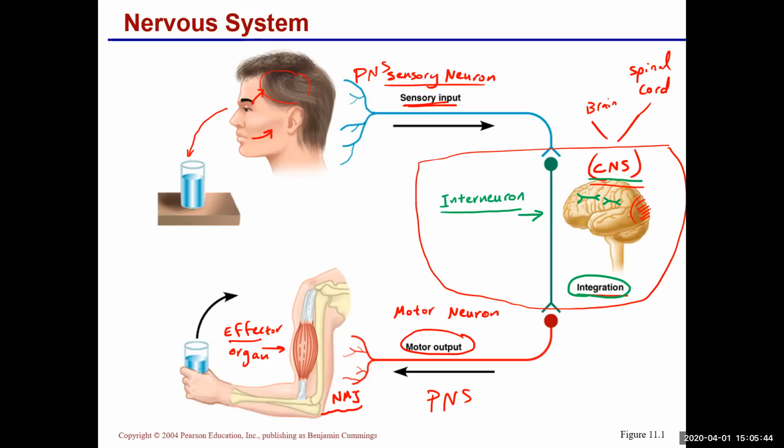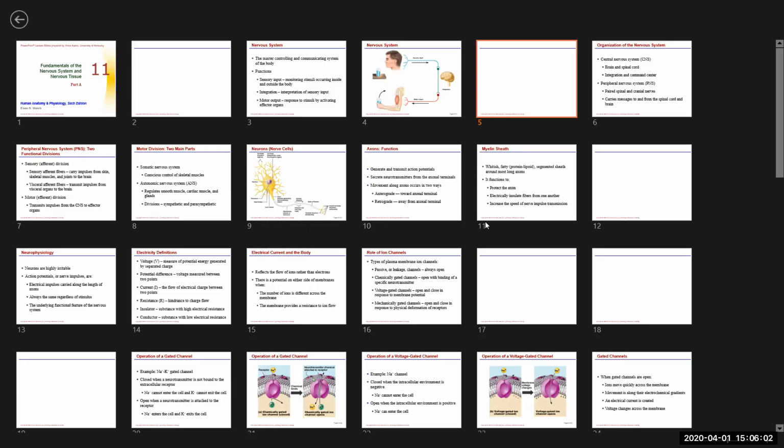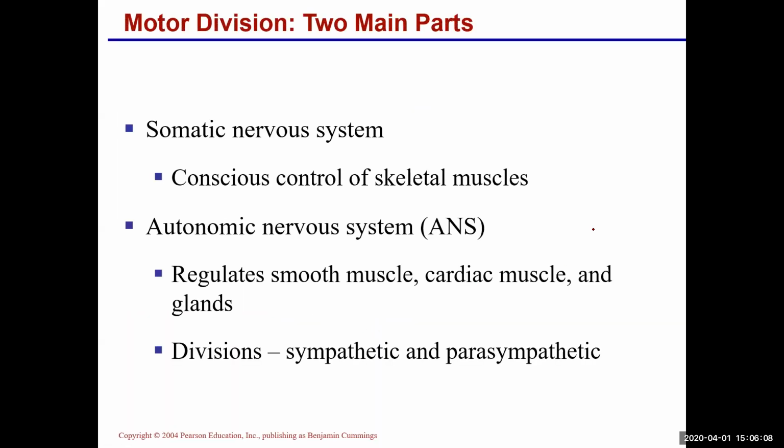But there is another system that I will discuss later, the autonomic nervous system. We might just touch upon it now. This is the topic of chapter 14 that we're going to look at later on.